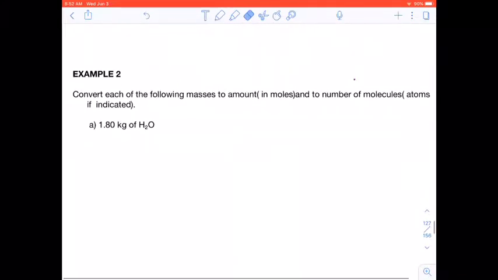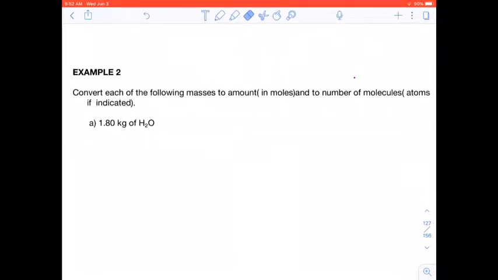Right, now let's look at the next one. We have here: convert each of the following masses to amounts, moles, and to number of molecules.